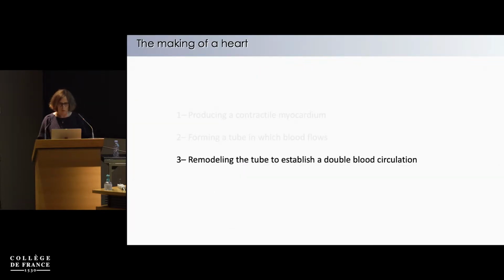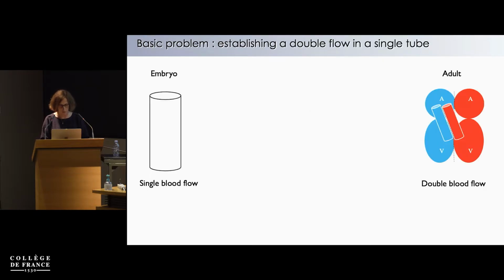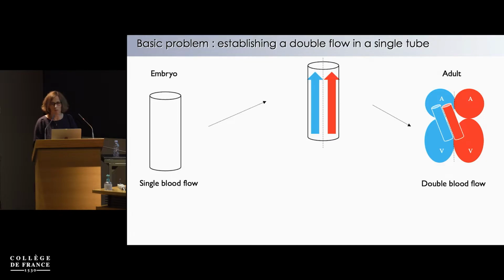So we know now how to form a tube, but a tube has a single blood circulation. So the next question is to understand how the heart can establish a double blood circulation. So an engineer, I guess, would come up with an easy solution. You can just bisect the heart tube in two, and here you go, you have your double blood circulation.